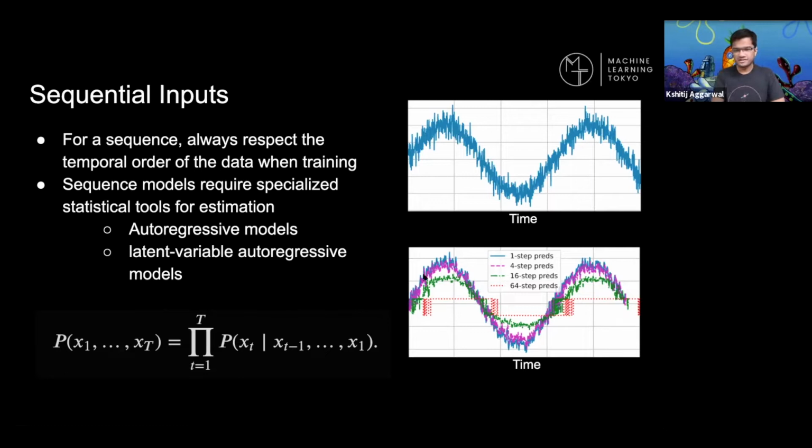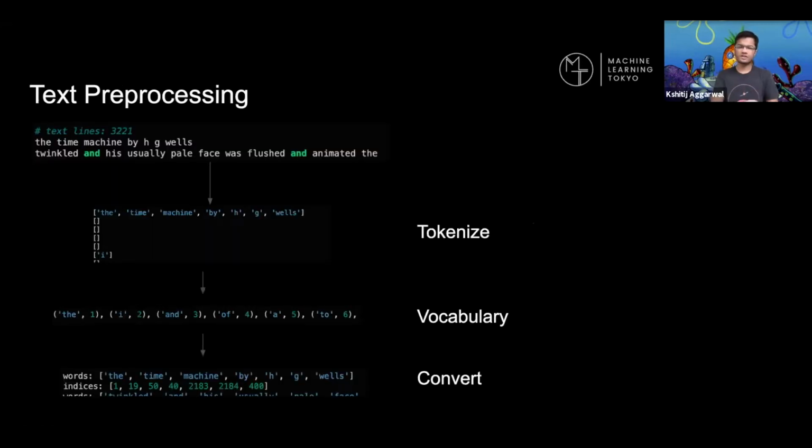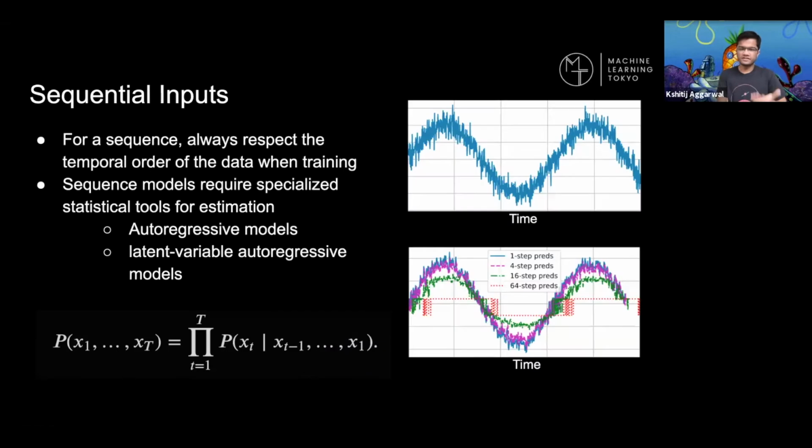As you can see in this 4-step prediction, the prediction is starting to deviate a little bit from the actual input. If I start predicting 16 steps ahead or 64 steps ahead, my prediction deviates much more because the errors keep on accumulating the farther out I try to predict. So this was one limitation of these kinds of autoregressive models.